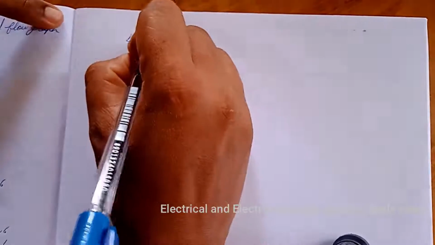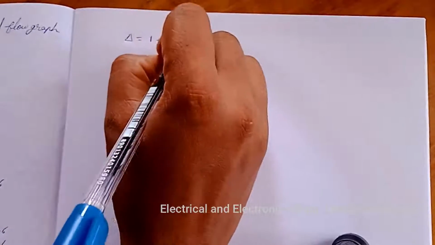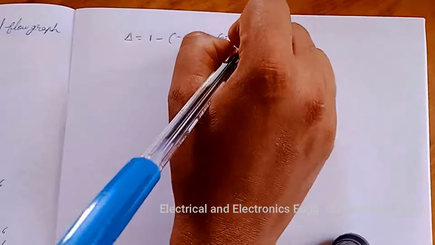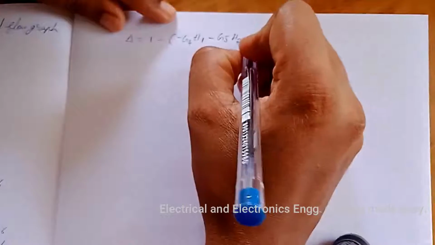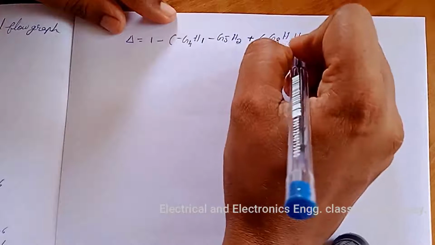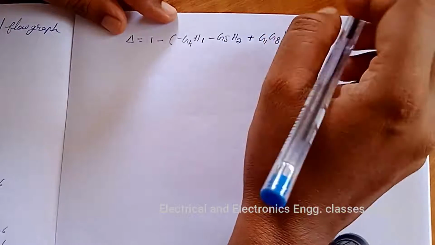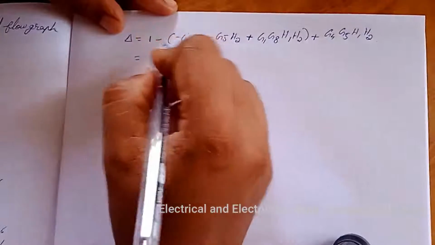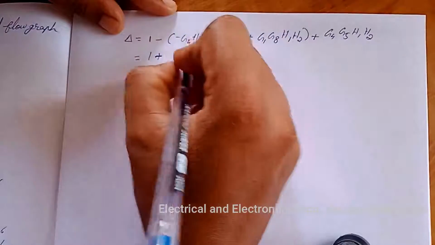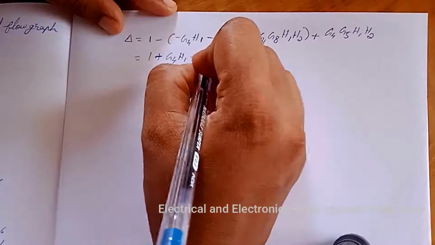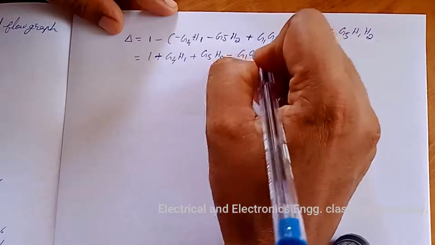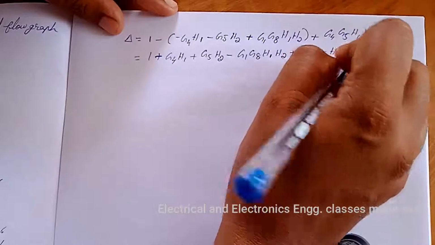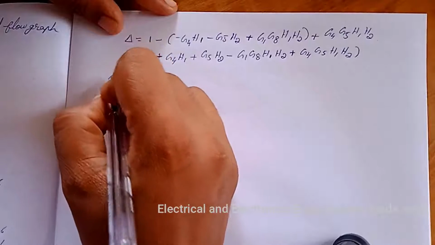So we get delta is equal to 1 minus G4H1 minus G5H2, then plus G1 G8 H1 H2, then plus P12 is G4 G5 H1 H2, and here we can write 1 plus, opening the bracket, G4 H1, then plus G5 H2 minus G1 G8 H1 H2, then plus G4 G5 H1 H2. So this is delta.